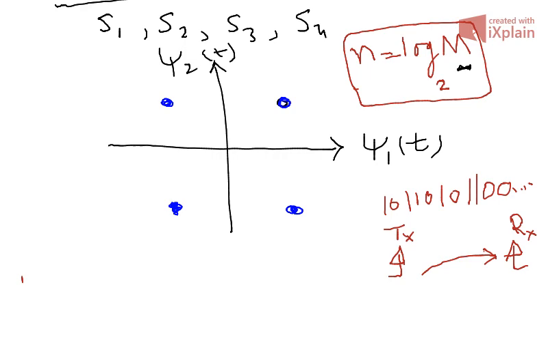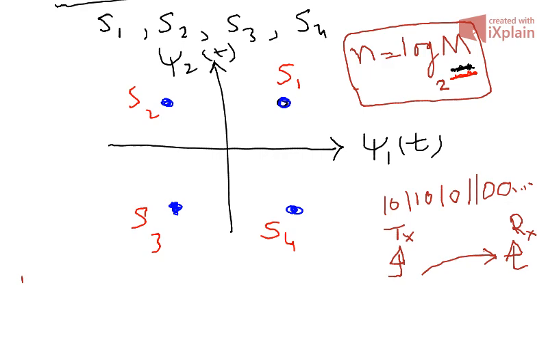They differ by theta I, which is 180 degrees, and we use one signal for transmission of 1 and another signal for transmission of 0. In QPSK we have M equal to 4. Now we have 4 unique symbols, S1, S2, S3 and S4, so we can transmit 2 bits because we have 4 different signals.